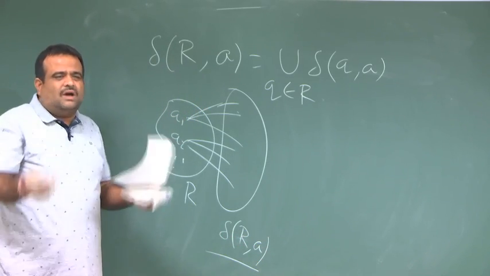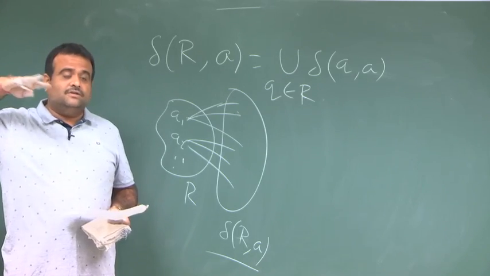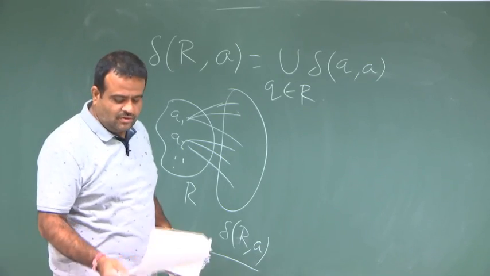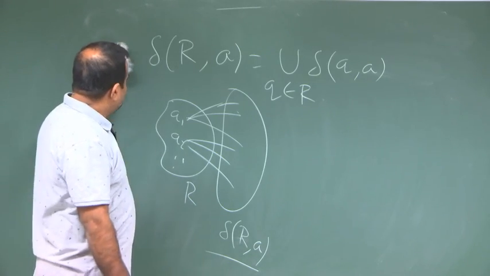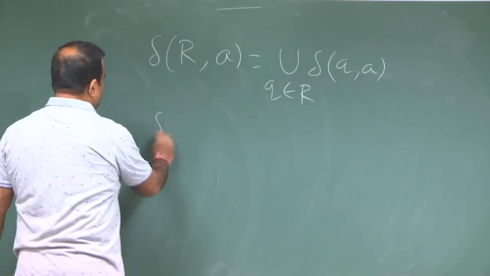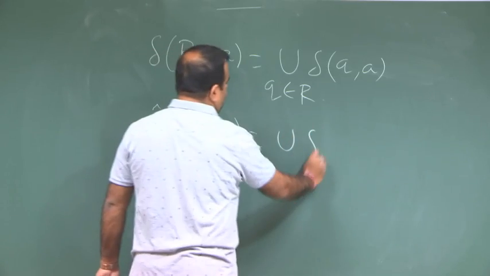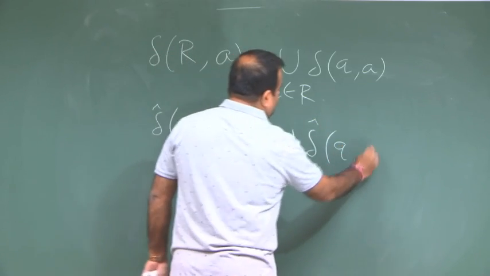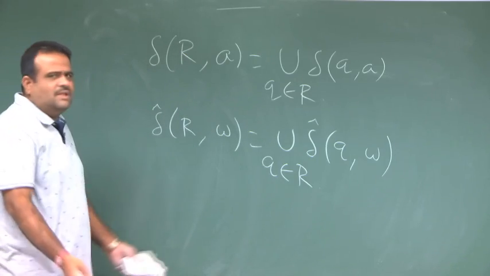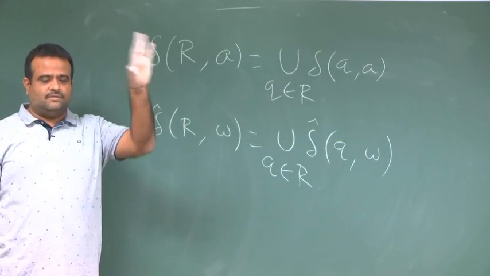Just because this is non-deterministic, we are dealing with subsets, so that is why it is easy to have this. And then delta hat of R comma W is nothing but the union of delta hat of Q comma W, Q belongs to R. Similarly, instead of an alphabet symbol, if we read a string, where can it go?